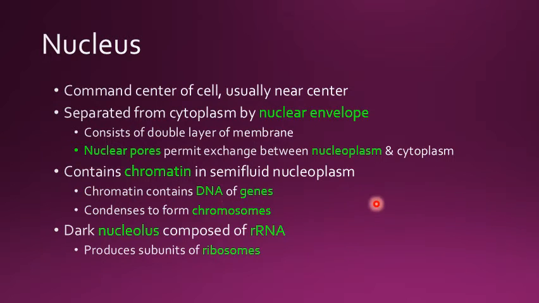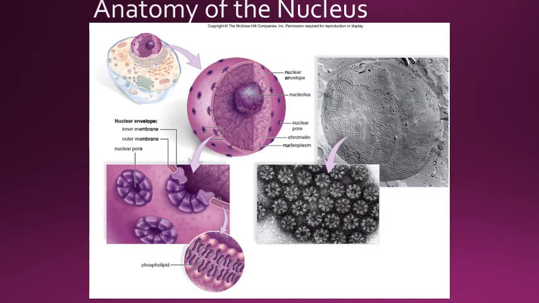And it contains chromatin and semifluid nucleoplasm. The chromatin contains DNA of genes and also proteins, and it condenses to form chromosomes. We'll get more into that later on. And a dark nucleolus in the middle is composed of ribosomal RNA, rRNA. It produces subunits of ribosomes.